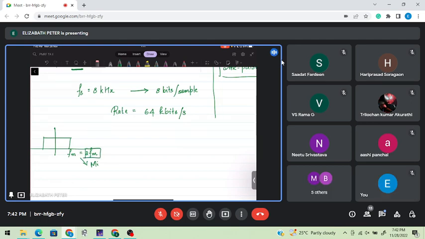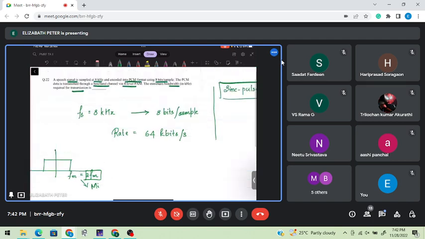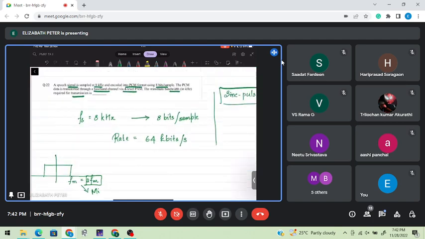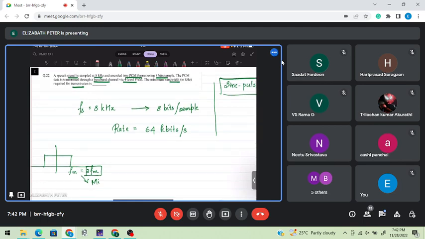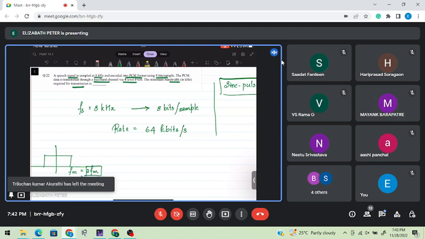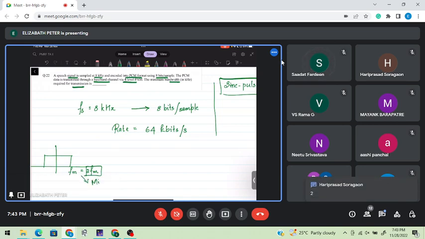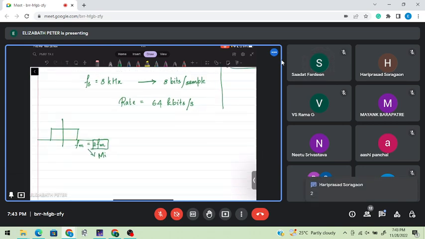If we sample at the minimum sampling frequency itself, these many 2 fm samples will be there, and these 2 fm samples I am transmitting through the channel using a 4 level PAM. So how many bits are used to represent a sample? 2. 2, correct. So instead of fm, let me write it as bandwidth itself.